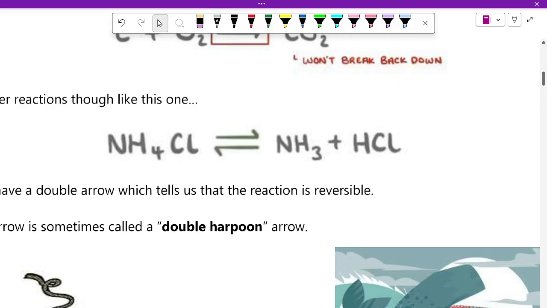However, if we have NH4Cl, what's the name of NH4Cl? Ammonium chloride. Tell your partner if you can remember the names of the NH3 and the HCl.